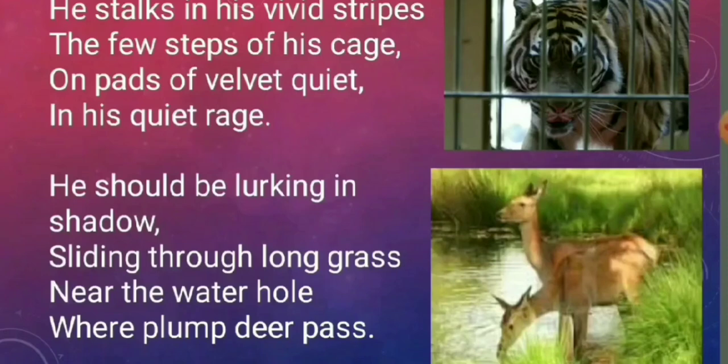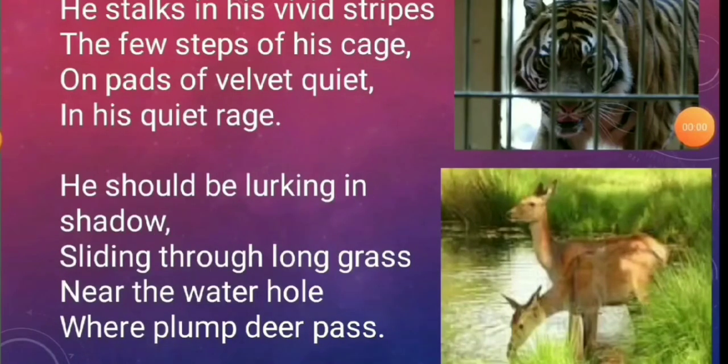The tiger tries to control his anger by quietly walking in the limited area of his cage, and he is very angry because he is not free, because a tiger is an animal which lives in a forest. It cannot be kept in a zoo. When it is kept in the zoo, he is angry. He wants freedom.